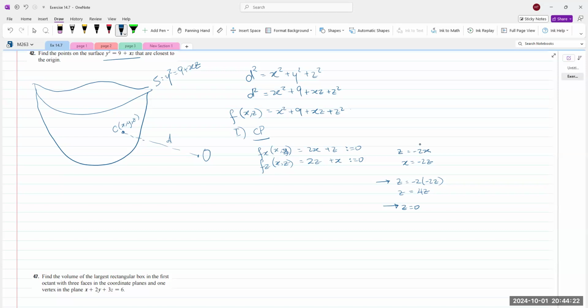Agree? And therefore x has to be 0, and therefore y squared has to be 9. So the coordinates will be 0, plus or minus 3, 0. Those are the critical points.